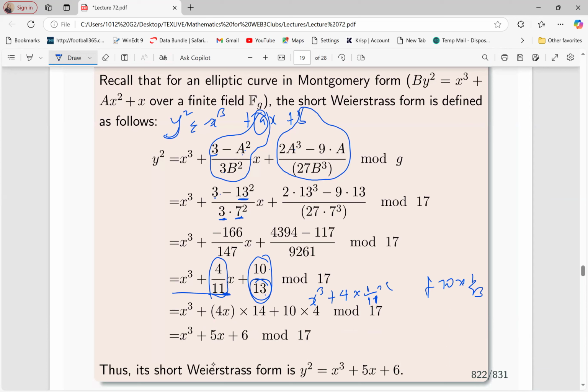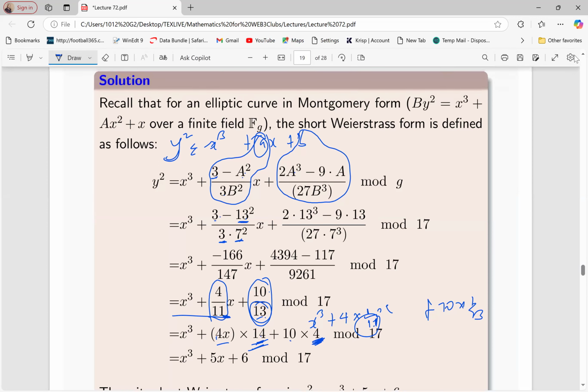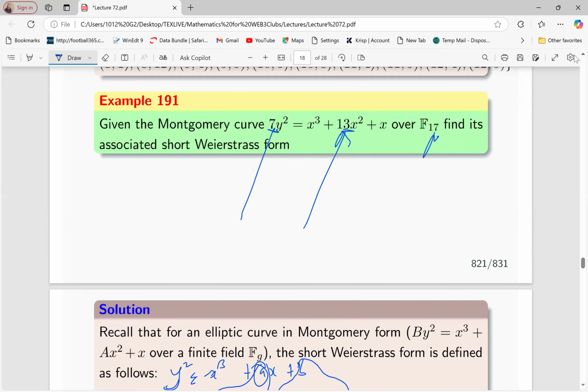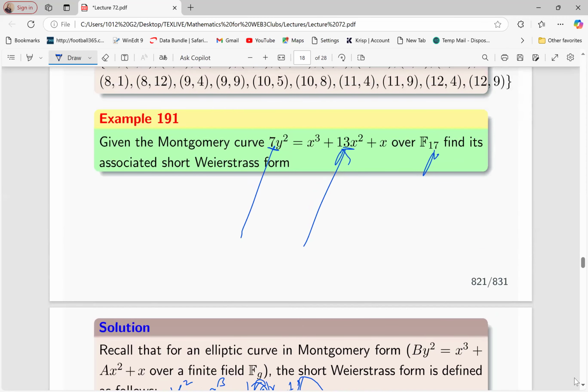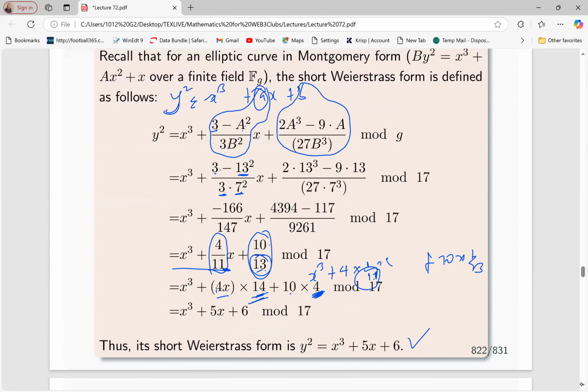The inverse of 11 is 14, and the inverse of 13 is 4. So this times that will be 48, and we are doing it mod, it was mod 17. So that's how you do it, and then you come up with the short Weierstrass form.